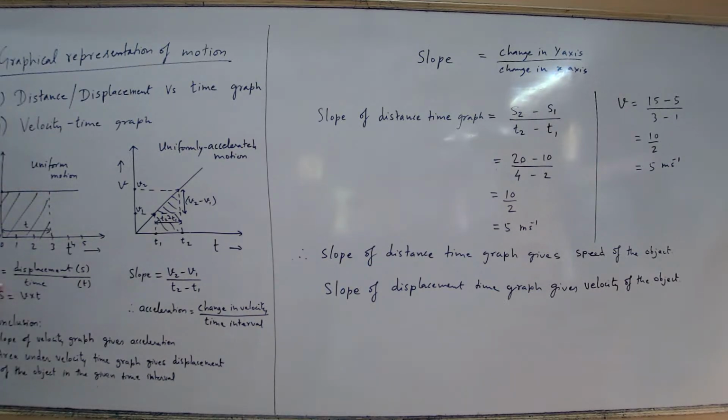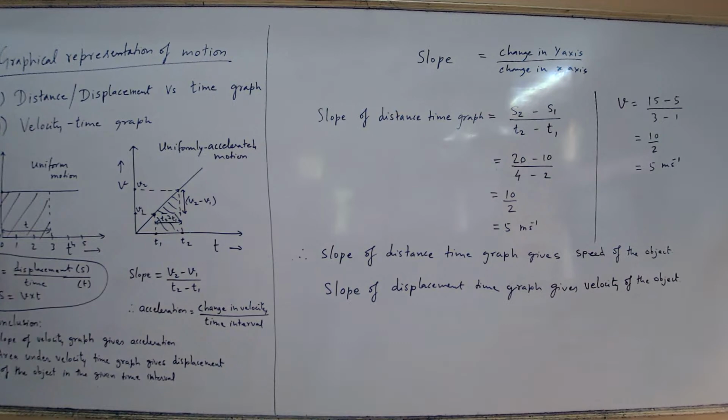I asked, what is the formula for velocity? How did we define it? It is displacement over time. Therefore, displacement is equal to velocity into time. Just rearrange. Displacement is equal to velocity into time. So what is velocity into time from this graph? It is the area of this rectangle.